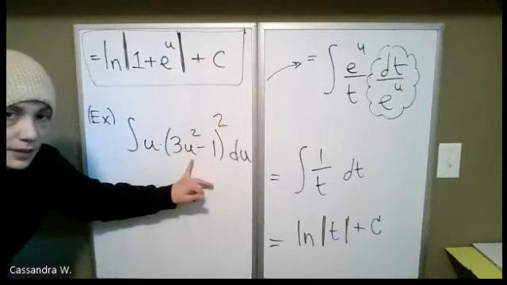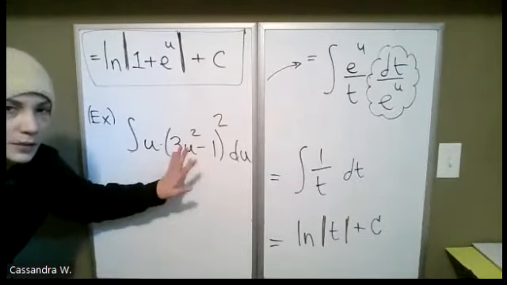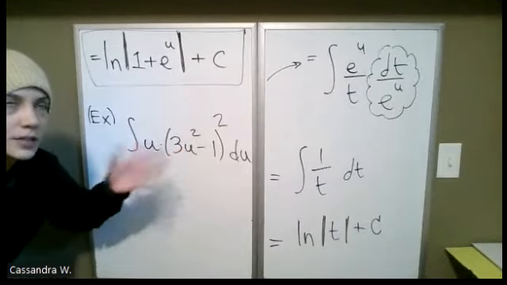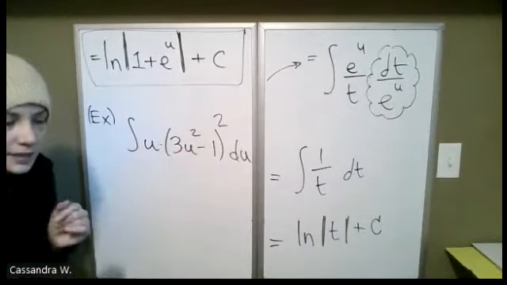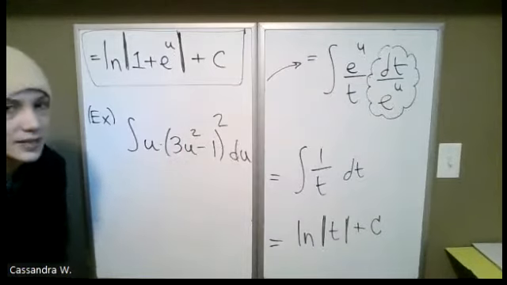So this piece here, this 3u squared minus 1, that's what I want to use. That's what I'm going to try to substitute with some kind of letter other than u, or some symbol.